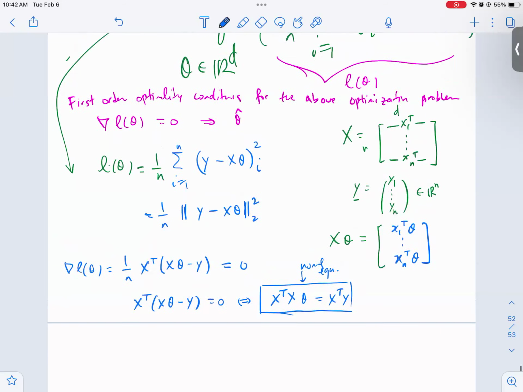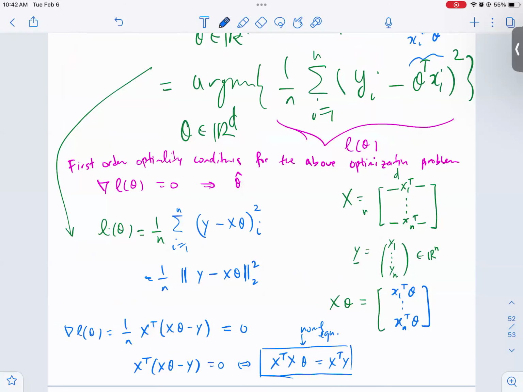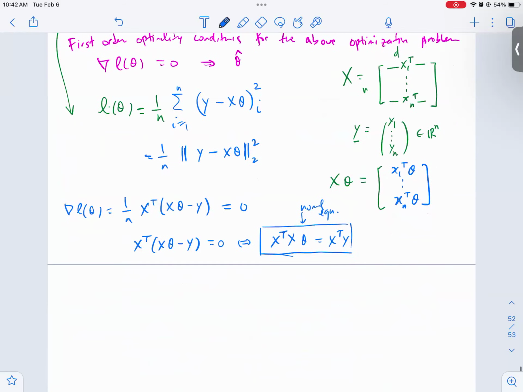I should back up a little bit. The uniqueness is true only if x transpose x is invertible. So this is going to be a convex function, but not strictly convex unless x transpose x is invertible, or full rank. So assume x transpose x is full rank, non-singular.